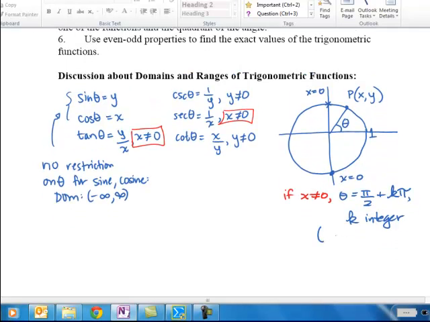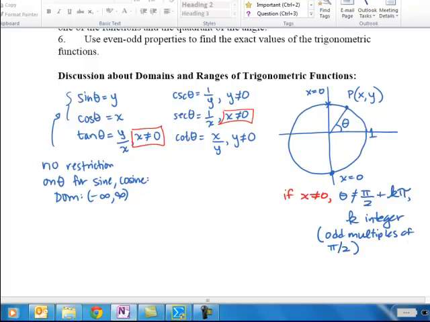That's the same as saying odd multiples of pi over 2. And I should say theta is not those. So if x isn't 0, then theta isn't any odd multiple of pi over 2.